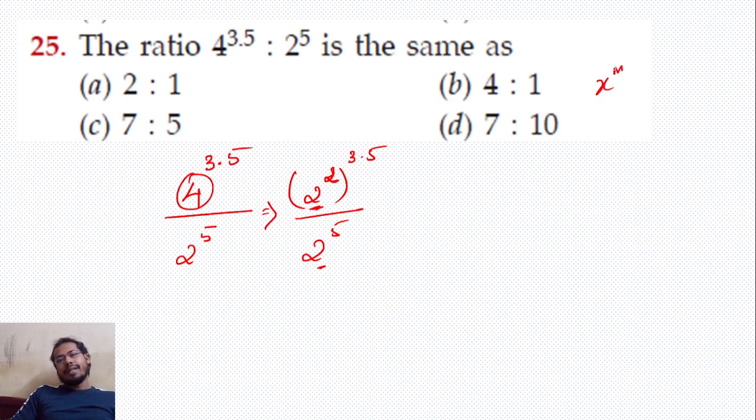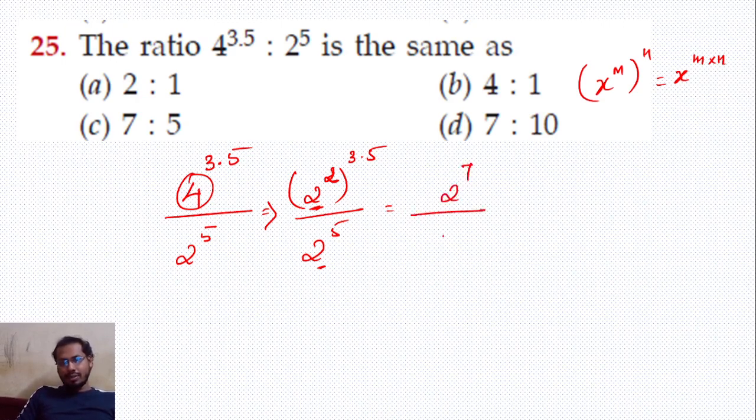Next, x power m whole power n is equal to x power m times n. There is a formula, so just use this formula. So 2 power 3.5 into 2, that is 7, over 2 power 5.